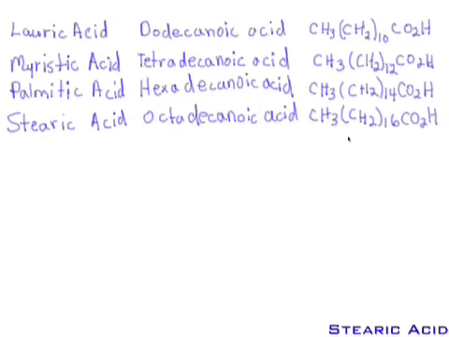Which brings us to the last one, arachidic acid. Arachidic acid has 20 carbons, so there are 18 CH2s.